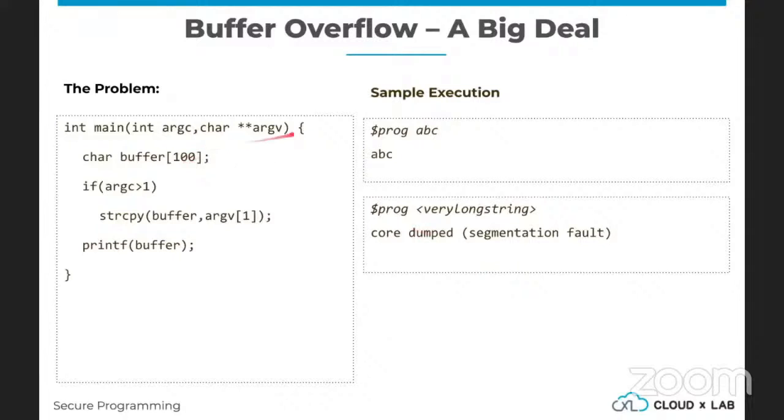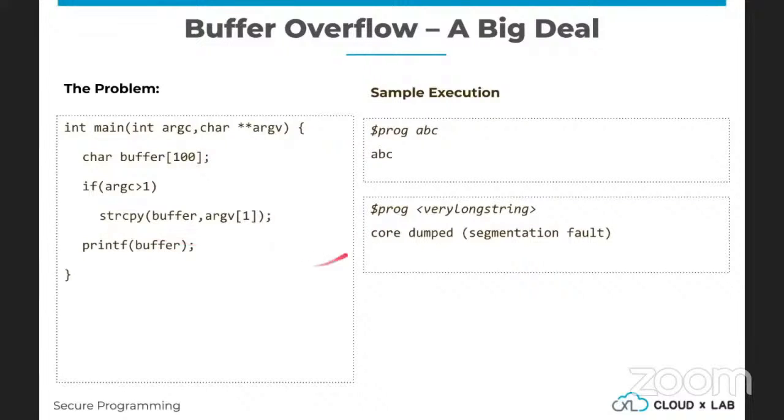The moment this argument, instead of ABC, goes really big, we are trying to write a big value into a buffer of 100 characters, right? If this is more than 100 characters, then this will overflow. This will give a core dump.